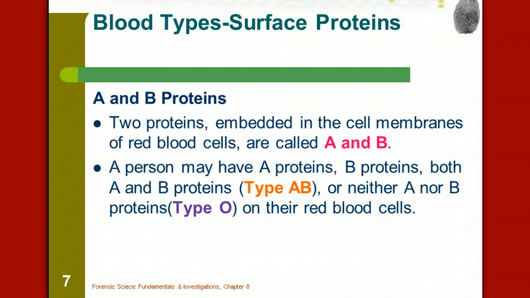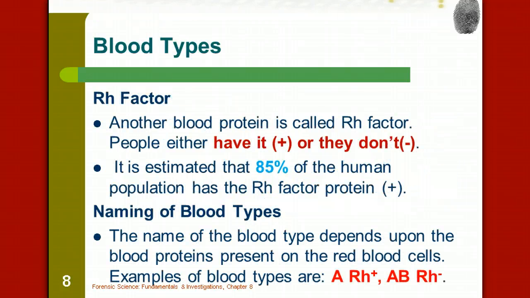There are two proteins that are embedded in the cell membranes of the red blood cells and are called A and B. Somebody may have the A proteins, the B proteins, or both, or neither, and that makes them type O. The Rh factor is another blood protein, and people either have it, making them Rh positive, or they don't. That protein doesn't even exist on the cell surface, and that makes them Rh negative. It's estimated that 85% of the human population has that Rh factor protein.